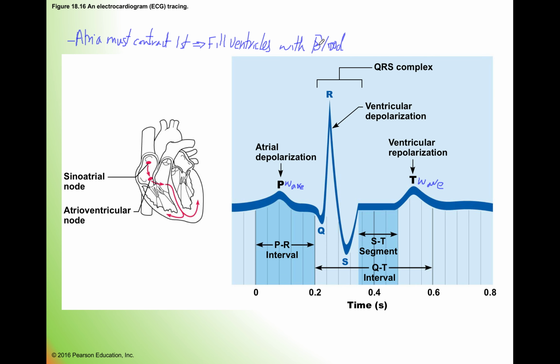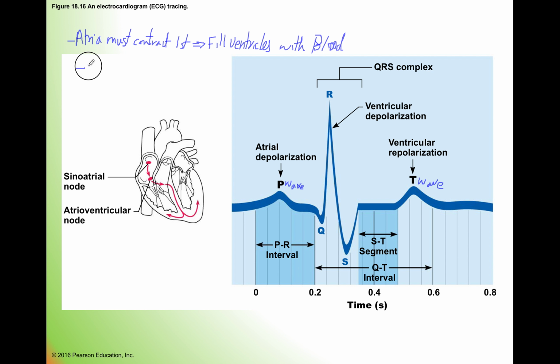So if I want to contract my atria, I need to send action potential first through the atria. The other point you need to understand is that the two main steps of the electrical impulses, or action potentials, are depolarization and repolarization, which both can be measured on the ECG. Because we have two main sets of chambers, atria and ventricles, each has its own depolarization and repolarization.